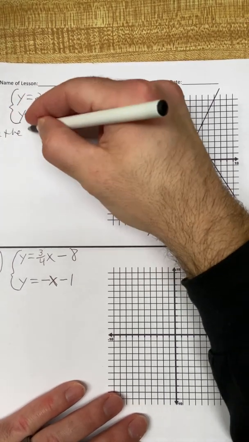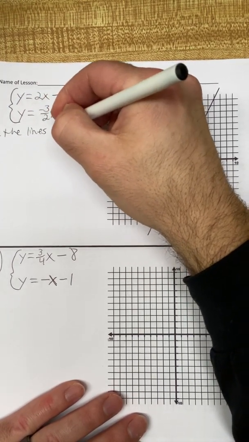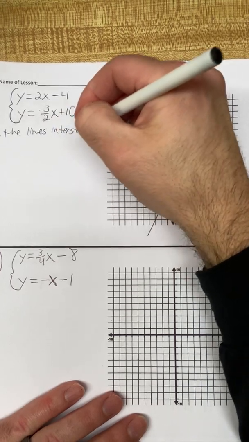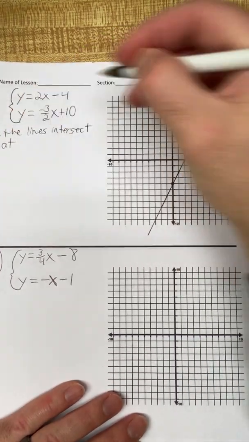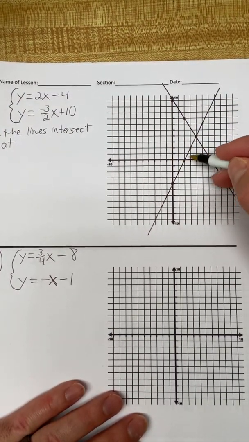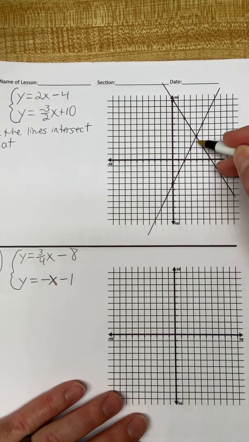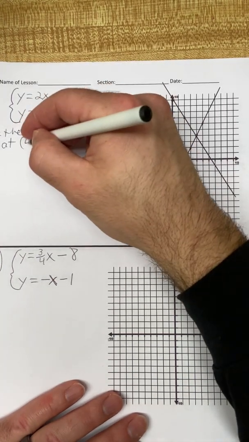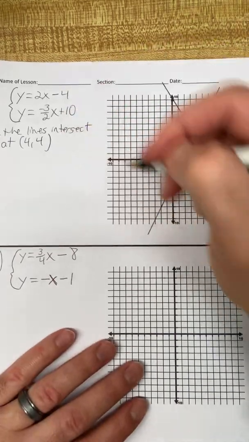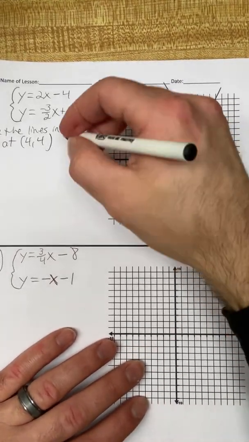So again, the lines intersect at 1, 2, 3, 4 at 4, 4. That's the solution to my system.